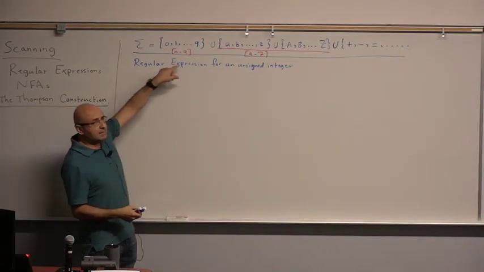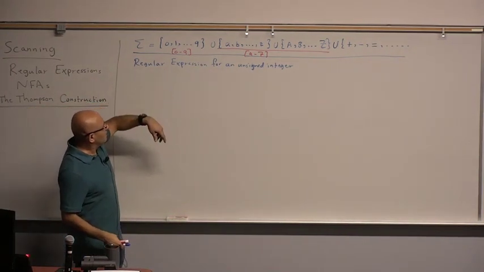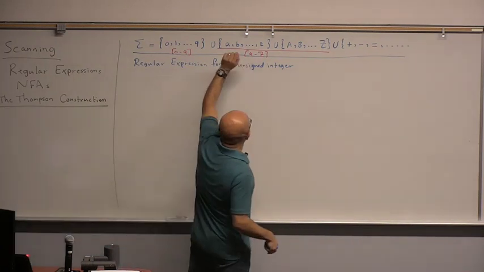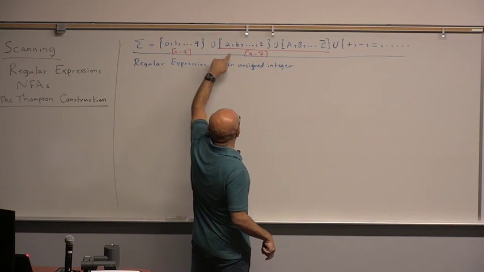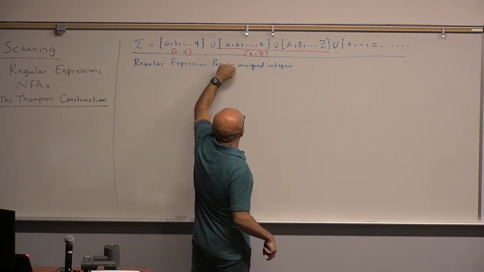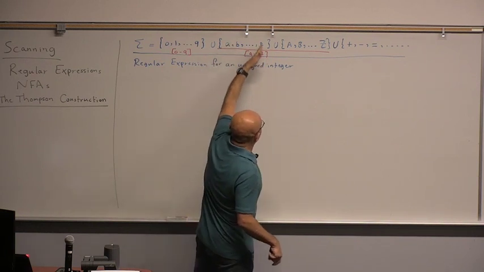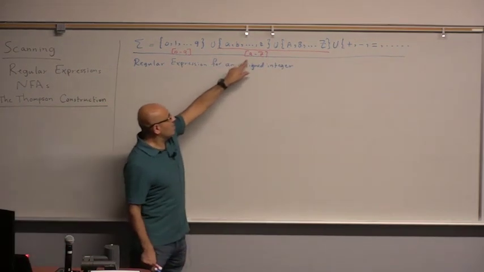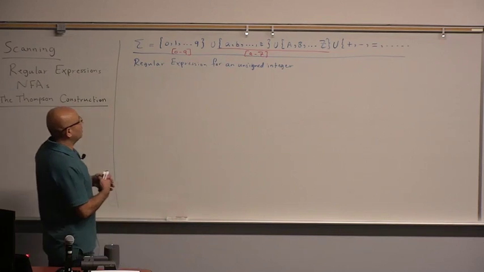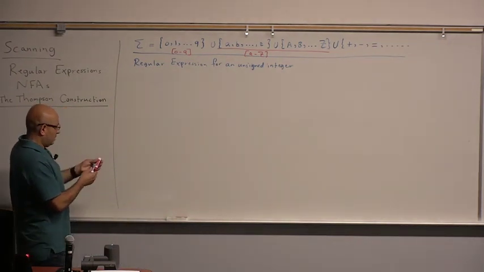In the book, they're using ellipsis instead of the hyphen. And we are merging little letters with capital letters. So this just means all alphabetic characters.